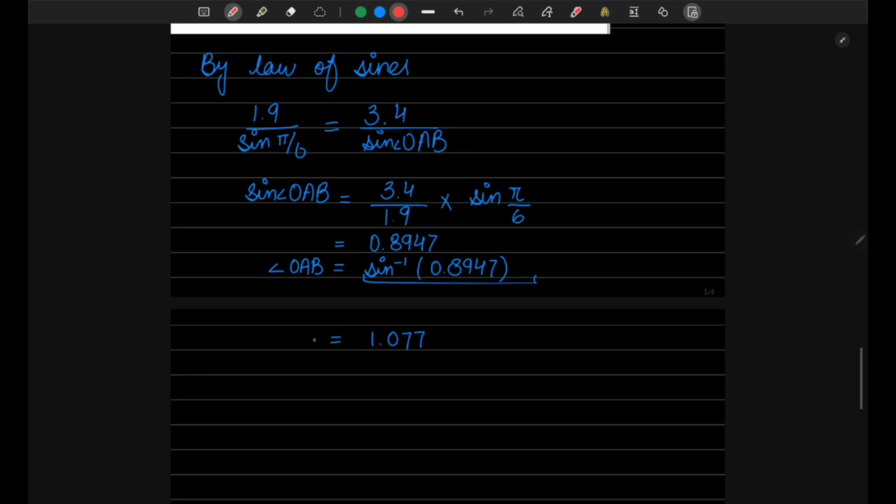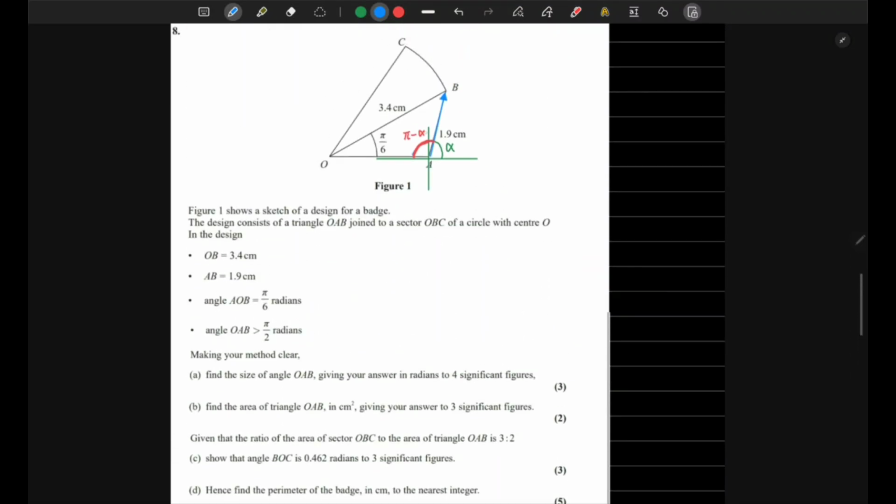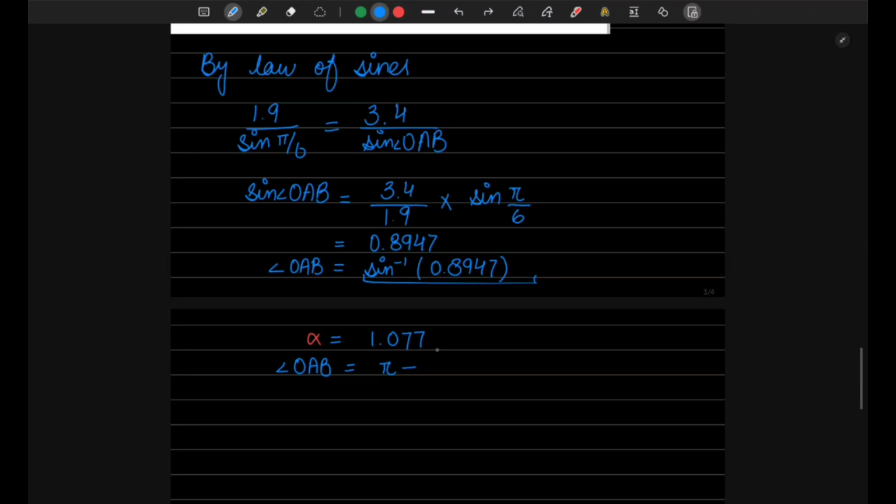So if you are getting this 1.077, this is alpha. So your angle OAB, as it is in the second quadrant, would be pi minus alpha, and this will lead us to 2.03.